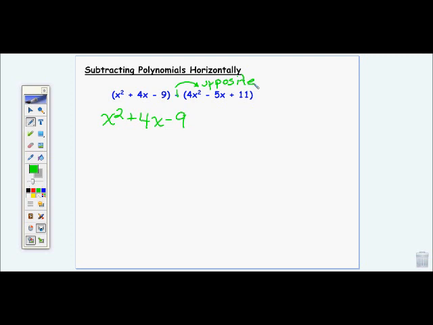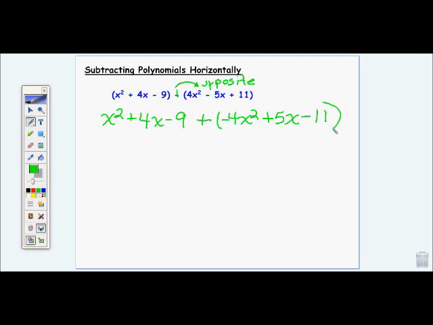In the second one, the rules are for adding, so I'm going to put my add. I'm going to change +4x squared to a -4x squared. -5x is going to change to its opposite, +5x. And +11 is going to change to its opposite, -11.